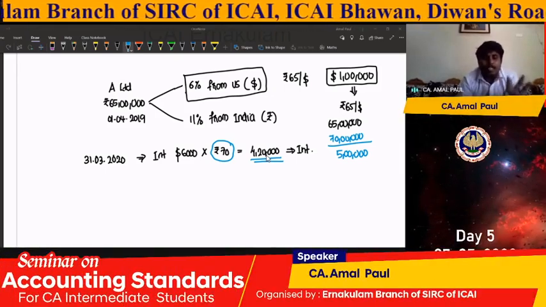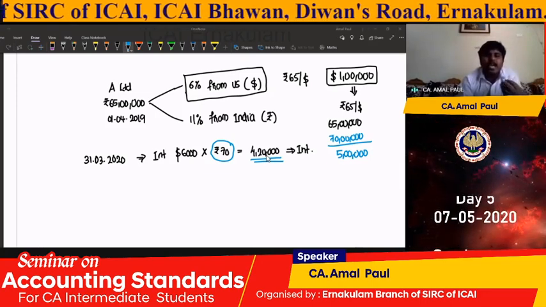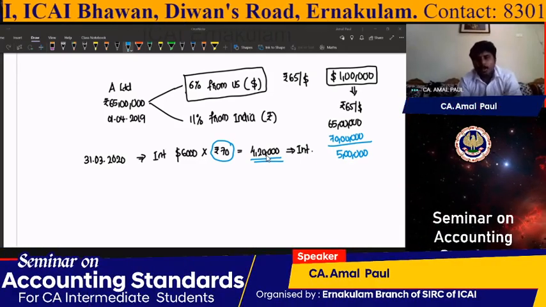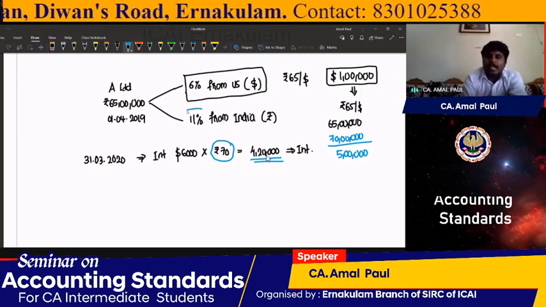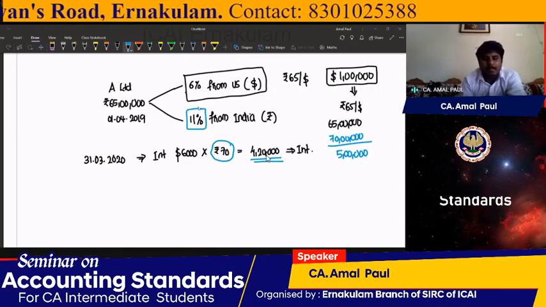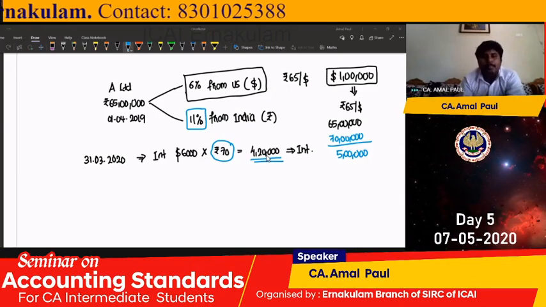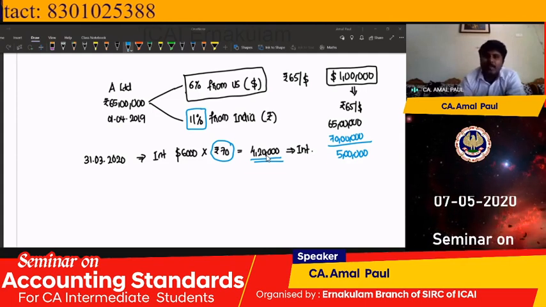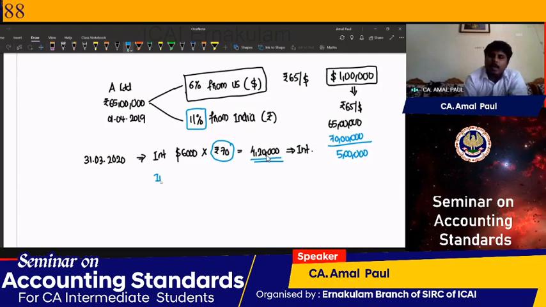First we will check what interest we had saved by taking the loan in US dollar. If they had taken the loan from India, they were required to pay interest at the rate of 11%.